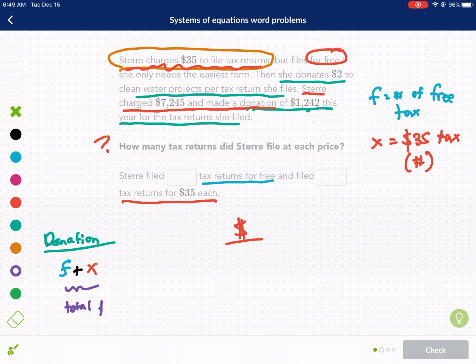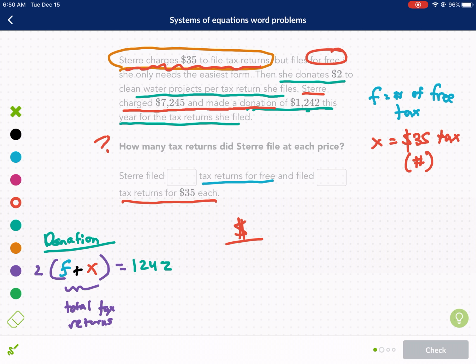You add your free ones and your money ones, and that's the total. She donates $2 per tax return she files. So if that's the total, we need to multiply this by 2 to get the total amount of money that she donates. Well, the total amount of money she donates is $1,242. So we multiply 2 times F plus X, and that equals $1,242. That's the first equation down.